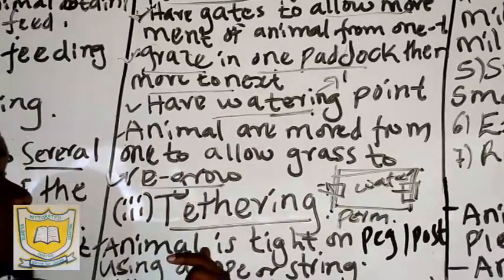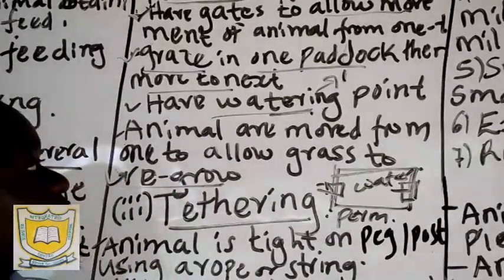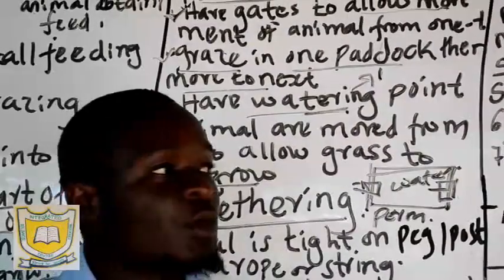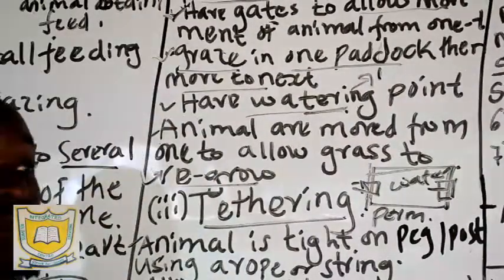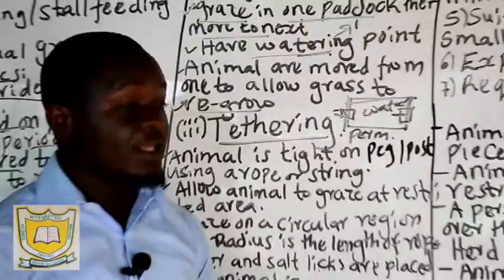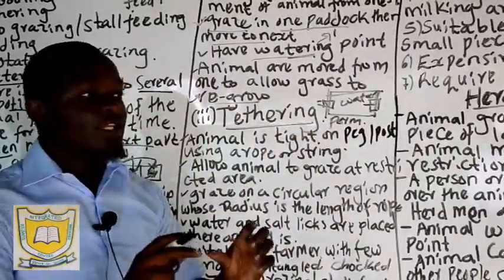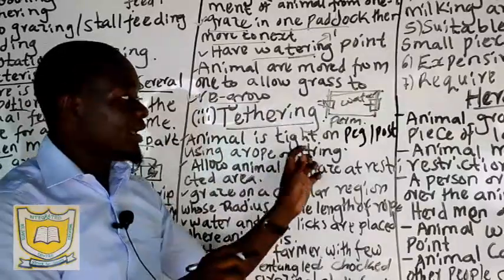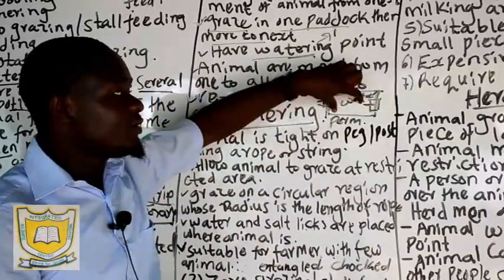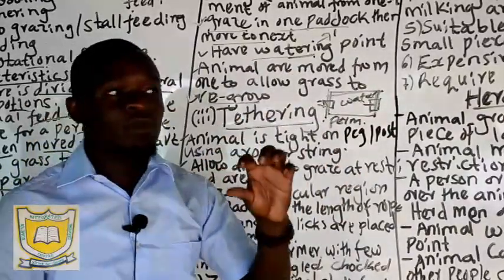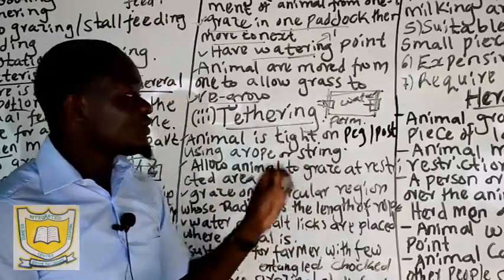Now we are going to discuss the other type of rotational grazing, tethering. Tethering is very common in areas where farmers have very few animals. With tethering, the animal is tied on a peg. When the animal is tied on a peg, we use either a rope or a string.